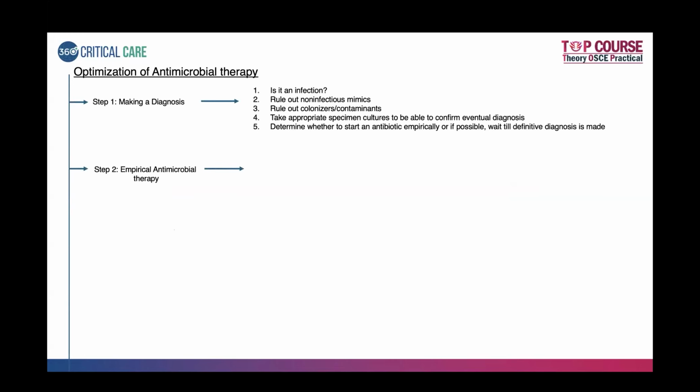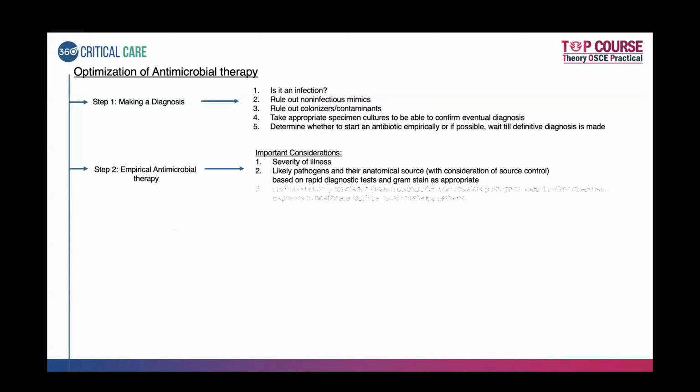Second, empirical antimicrobial therapy. The important considerations are the severity of illness. If the severity of illness is very high, then you go with broad spectrum antibiotic coverage. Likely pathogens and their anatomical source, with consideration of source control based on rapid diagnostic testing and gram stain as appropriate.